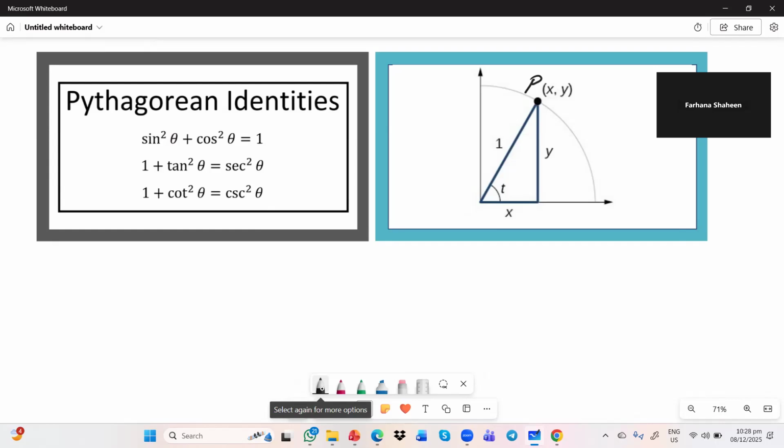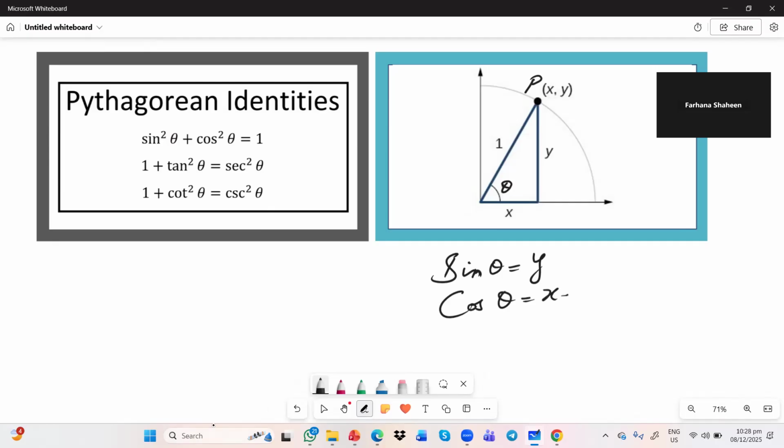Now, we all know that sine theta is equal to opposite over hypotenuse. So in our case, if we take this as theta, then sine of theta will be equal to y because r is 1. Similarly, cos theta is equal to adjacent over hypotenuse, so cos theta will be equal to x.